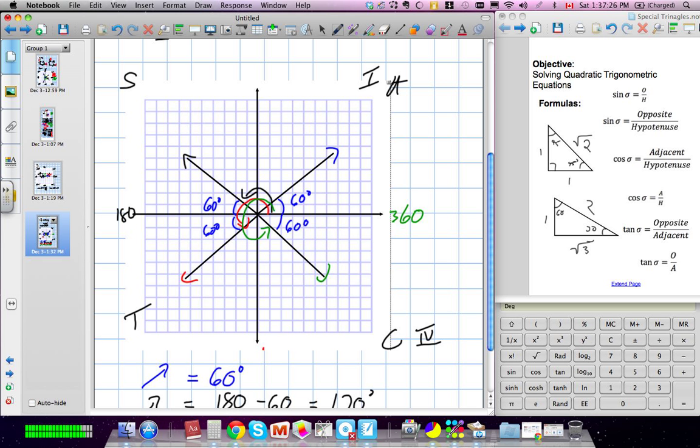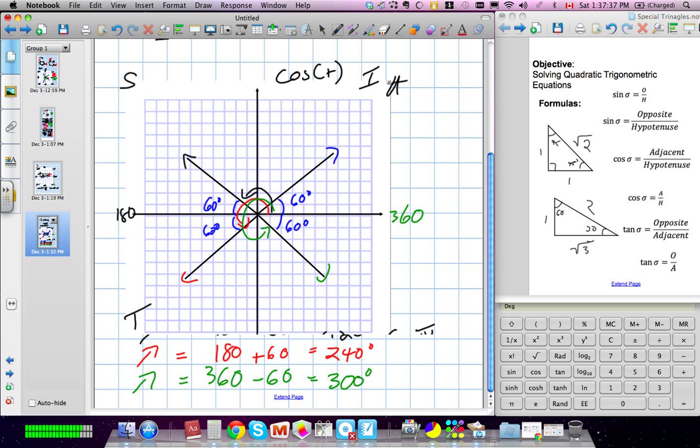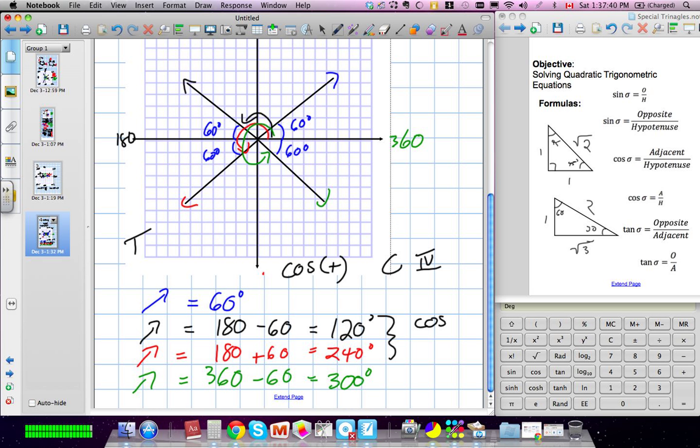So cosine is positive, actually, in these two, these would be negative. So these two aren't actually options, our black arrow and our red arrow. They aren't options because in that quadrant, cosine is negative for both of those. So our actual answers, or where cosine is positive, are 60 and 300. So those are the actual two answers we're looking for.